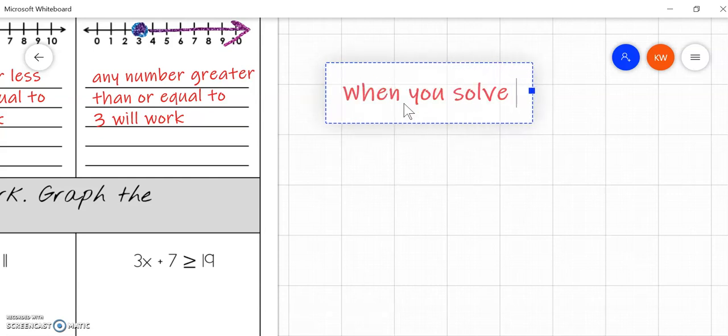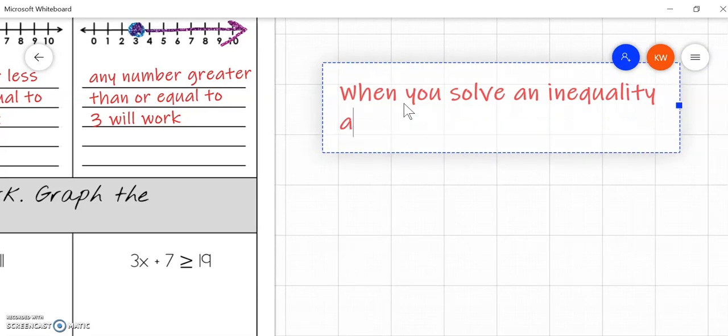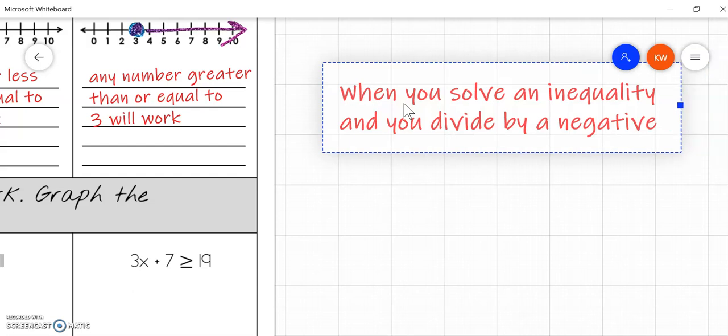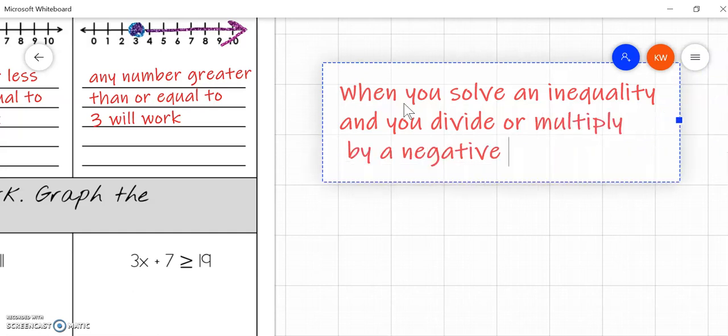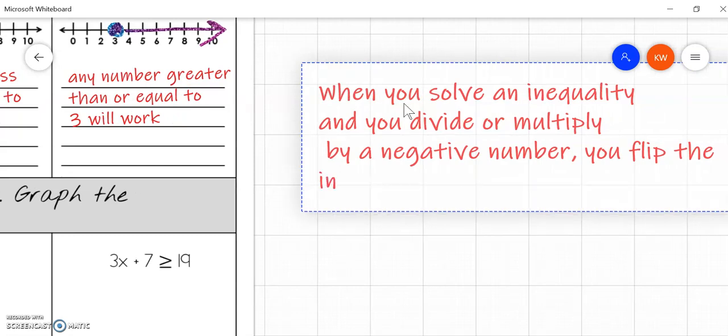When you solve an inequality and you divide or multiply by a negative number, you flip the inequality sign.